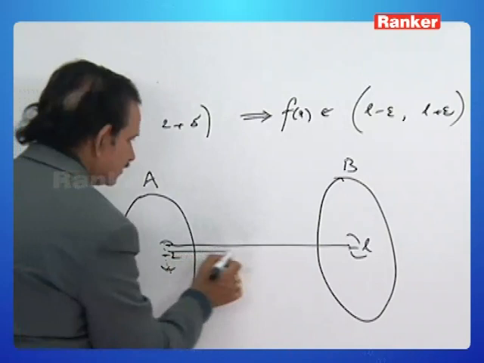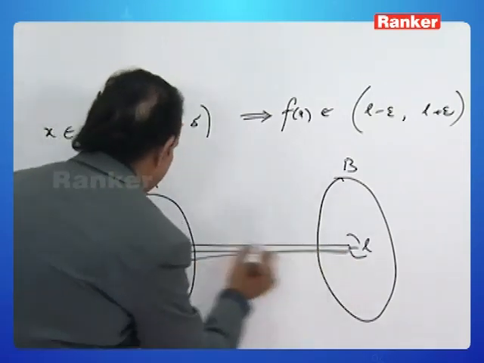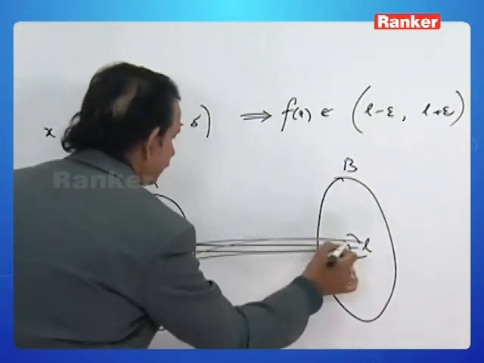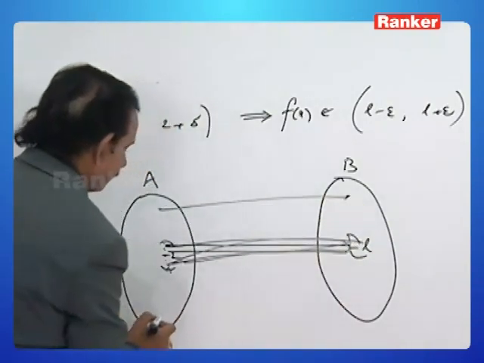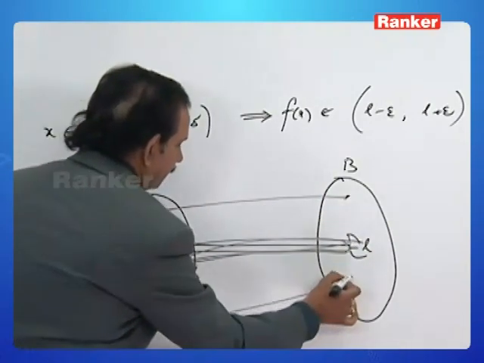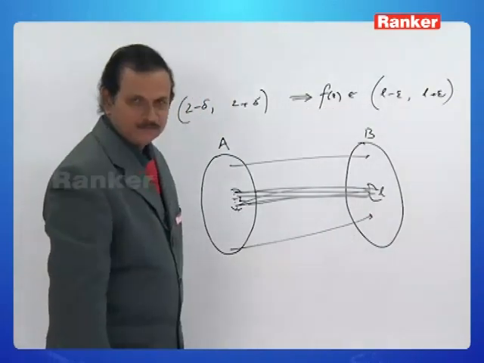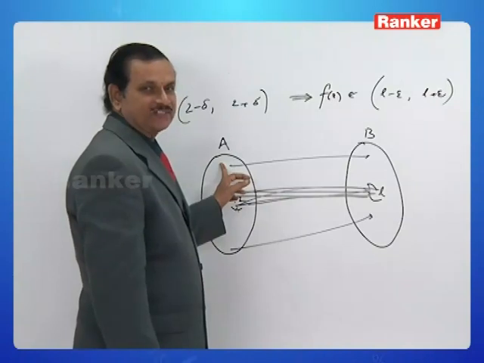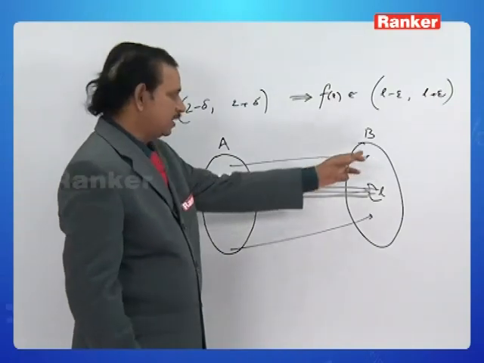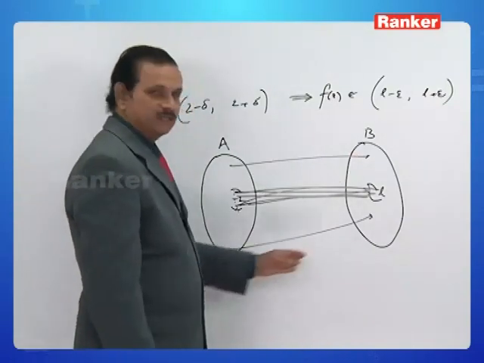Observe this diagram. If a point x is considered here, where does f of x lie? Nobody knows. It can be here.